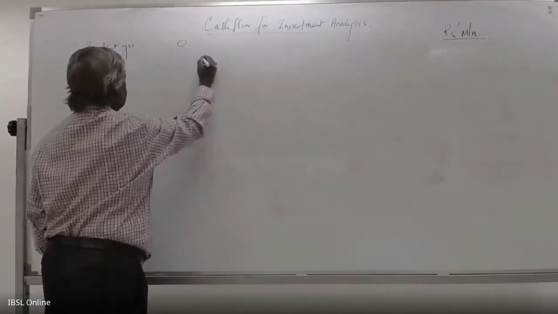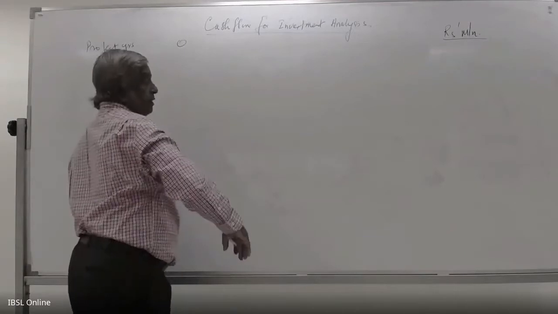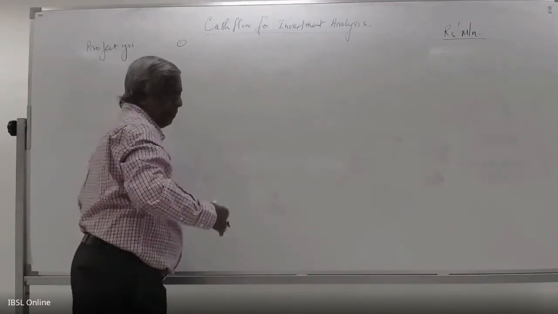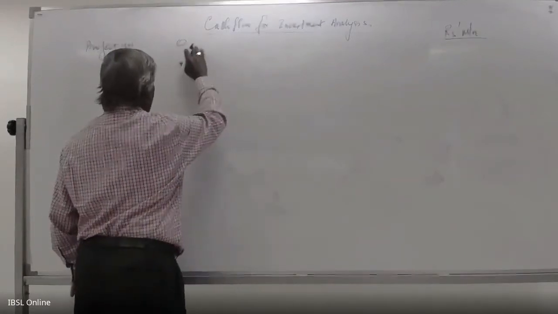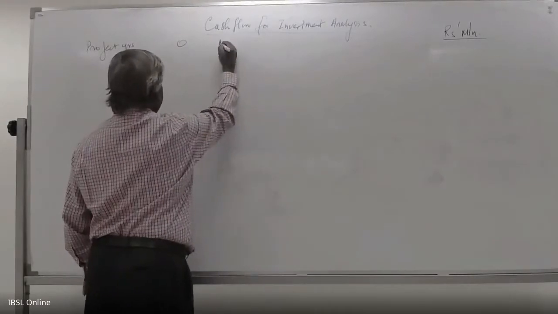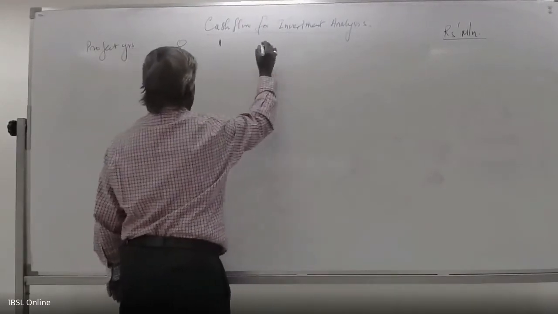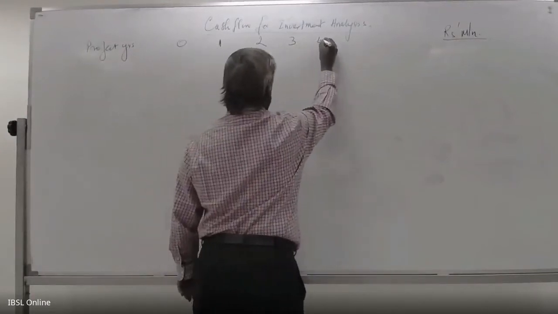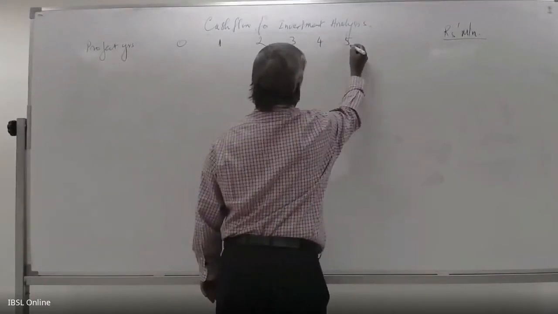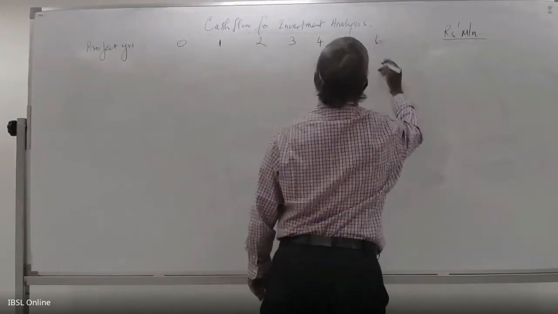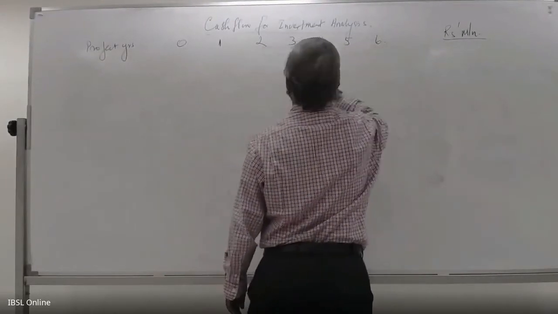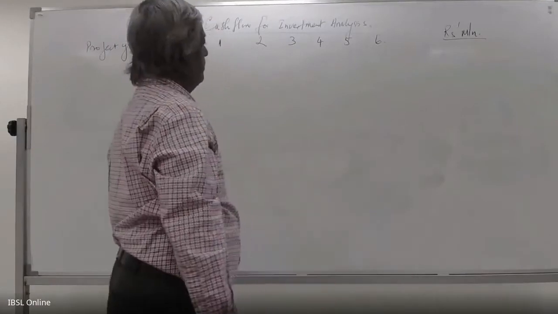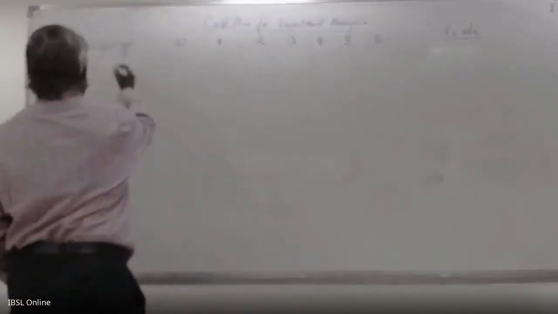Year 0, that is now. From now, after 12 months, it is year 1, then year 2, year 3, year 4, year 5, year 6. They have given the production up to 5 years only. Right, the project years we have mentioned.